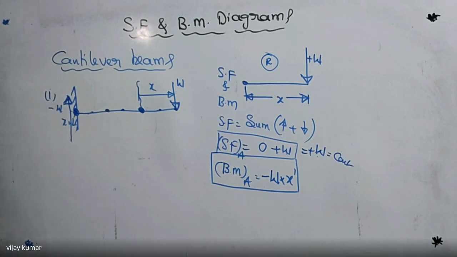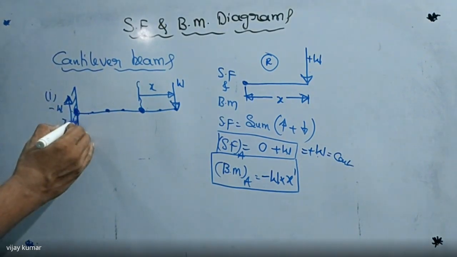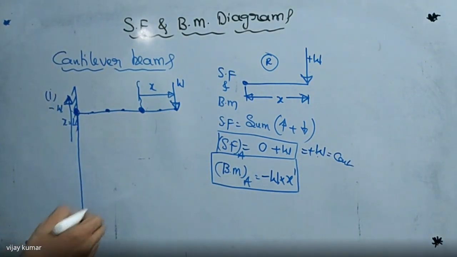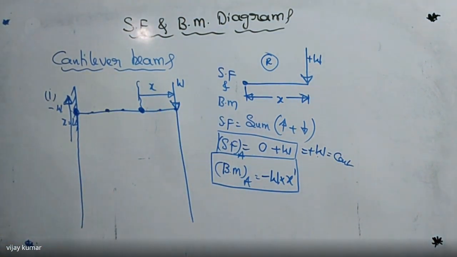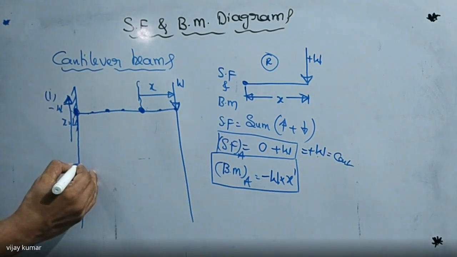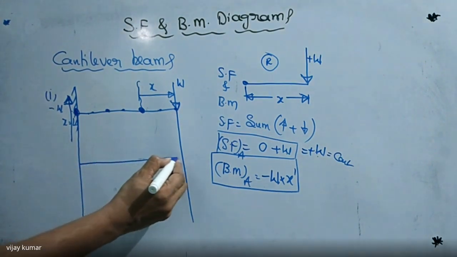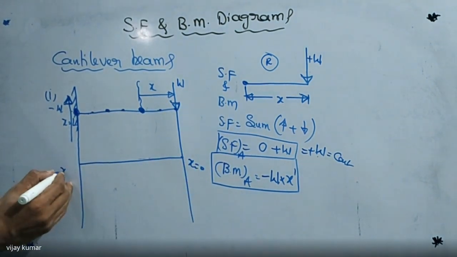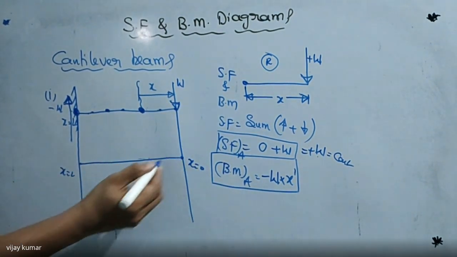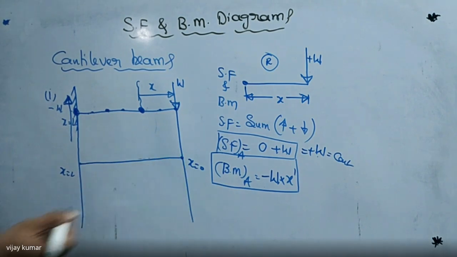Constant means, listen carefully. Here I'm going to draw the shear force diagram. This is the beam. Here is x equal to 0 and here is x equal to L. Now tell me, at x equal to 0, what is the shear force?